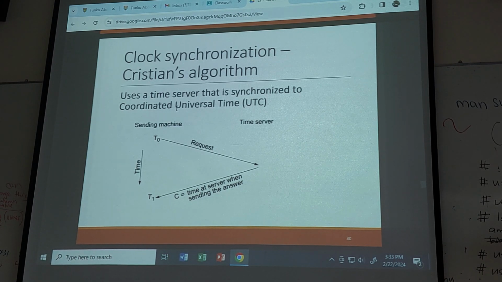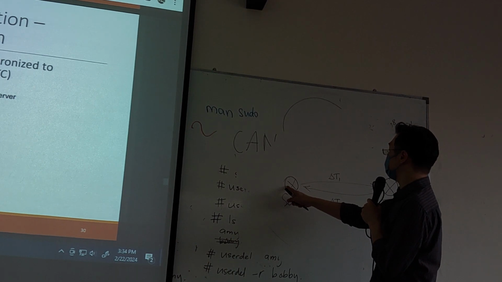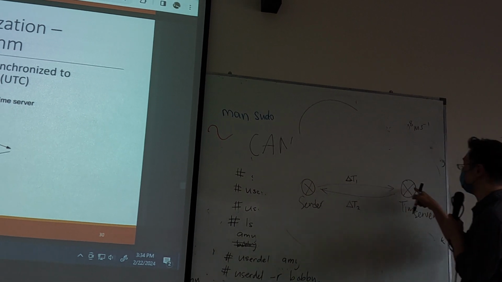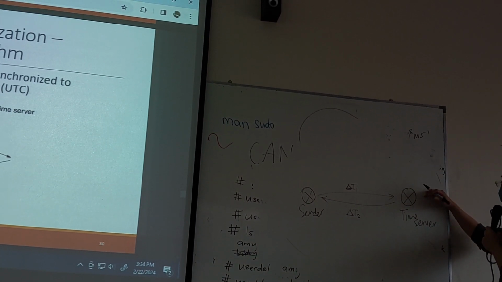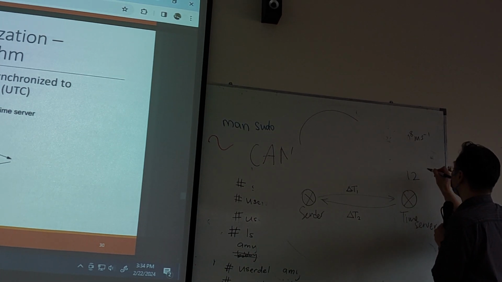So there's a time going from the machine to the time server, let's call it T1, and there's some delay coming back, T2. Let's say I'm the sender and I request. The message takes this much time to reach here, and when you receive it, you look at your own time and then send a message. Let's say the time is showing 12.